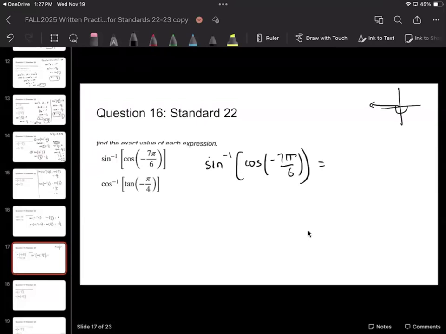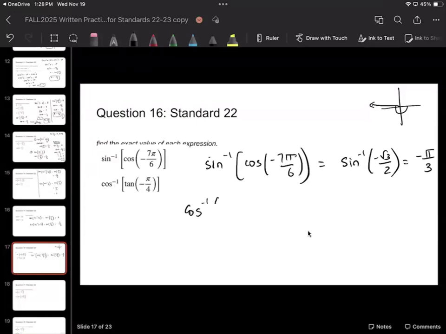So that will be negative root 3 over 2. Am I right? So sine inverse of negative root 3 over 2, that puts the angle in the fourth quadrant, root 3 over 2. That means the answer I'm looking for is negative pi over 3.